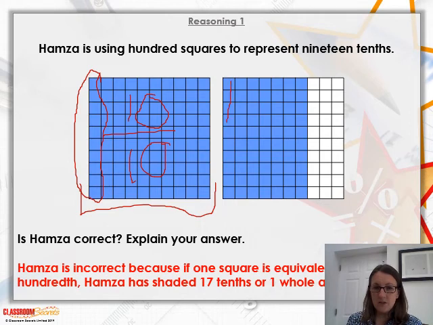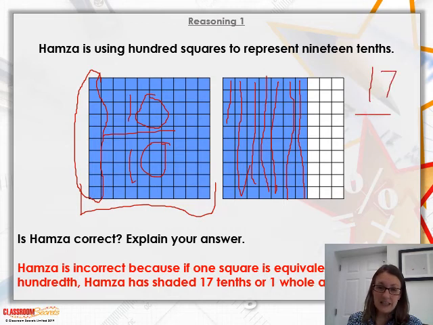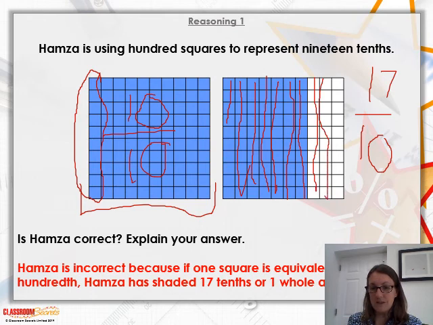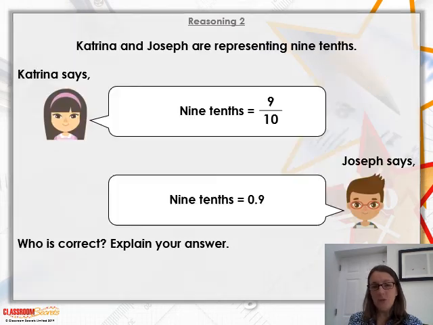So 1, 2, 3, 4, 5, 6, 7. So in fact, she has shaded or is showing 17/10, not 19. She would need to have shaded in 2 more whole columns in blue. Okay.